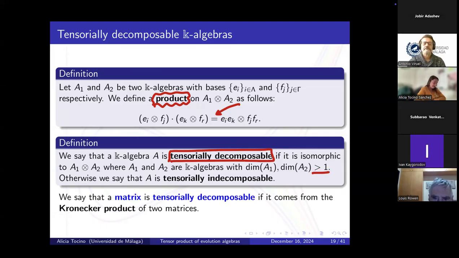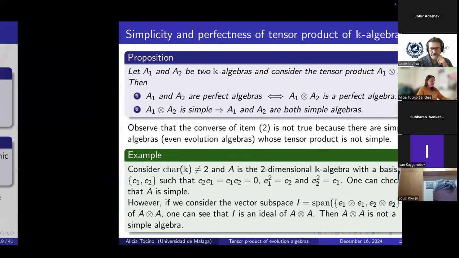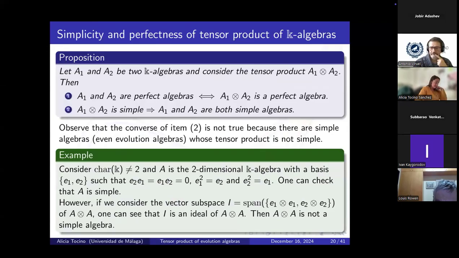Otherwise, we call it tensorially indecomposable. Moreover, we translate this term, tensorially decomposable, into matrices. We say that a matrix is tensorially decomposable if it comes from the Kronecker product of two matrices.